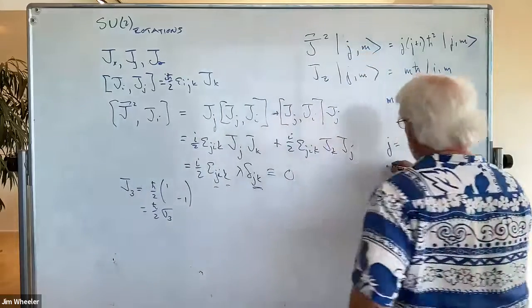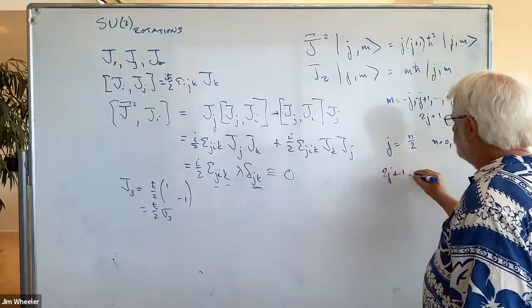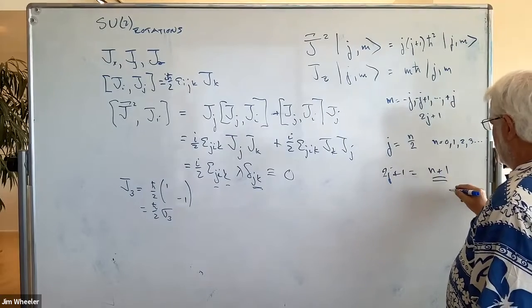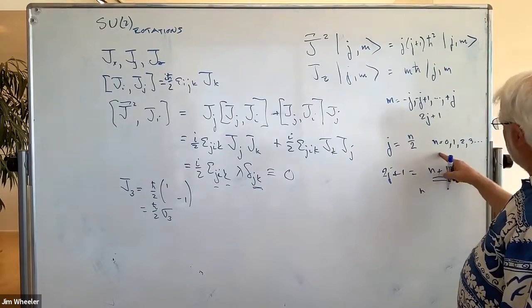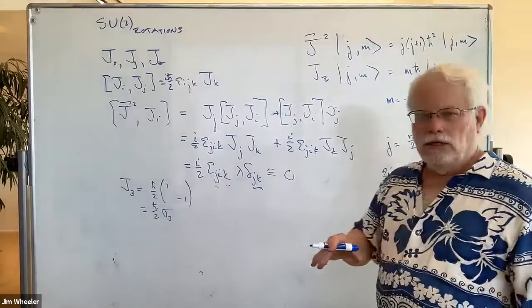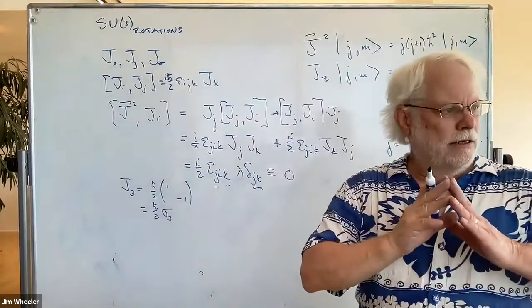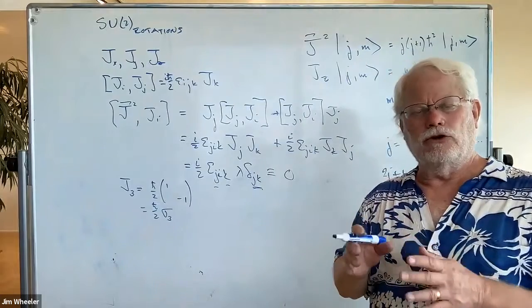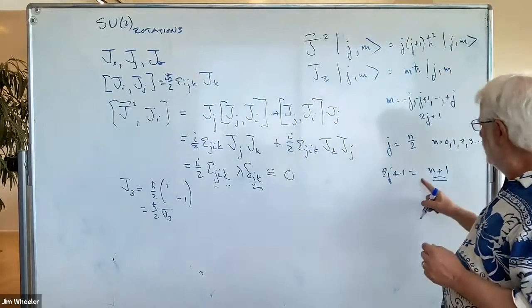So 2j plus 1 is going to be n plus 1, and so n equals 0, 1, 2, 3 means we have a representation of the group in every dimension, right?